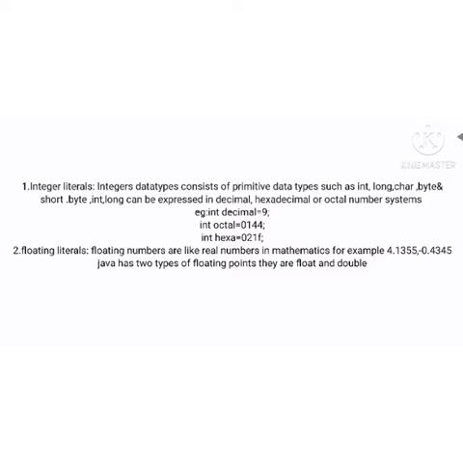Floating literal can be float and double. Next one is character literal. A character literal can be specified as a single printable character in a pair of single quotes, such as 'a'. Here we use single quotes in this character literal.